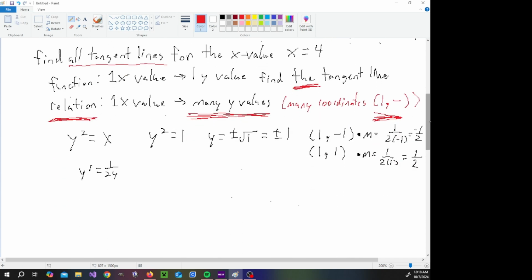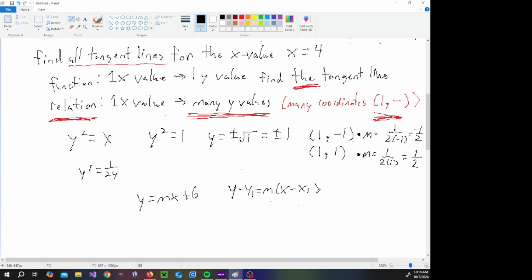However, this said the tangent line, not just the derivative at that point. So really we want a y equals mx plus b situation, right? So we figured out the slope. So we have y minus y1 is equal to m times x minus x1.